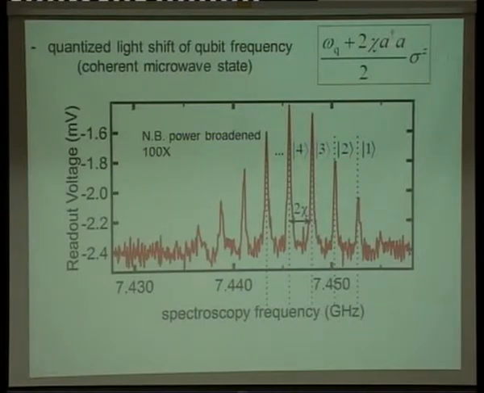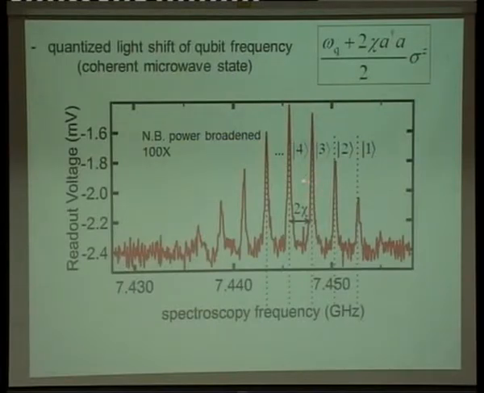And if the qubit is coupled to a cavity that has a coherent state in it, it'll be in a superposition of 0, 1, 2, 3, 4, 5, 6, 7, 8 photons, and it will have a different transition frequency for each case. And if you average the absorption spectrum over a long time, you will see a peak corresponding to each one of those possible photon values.